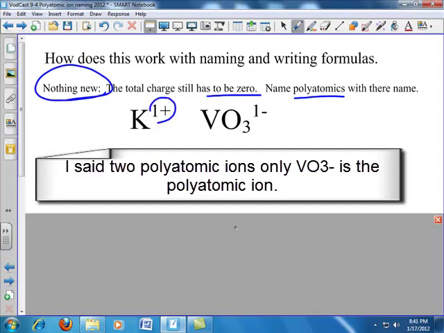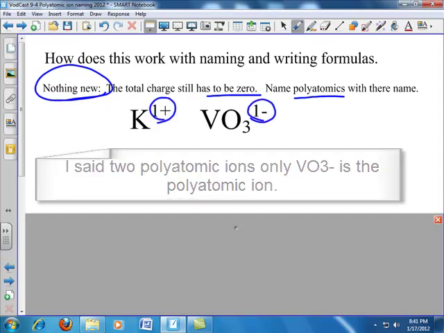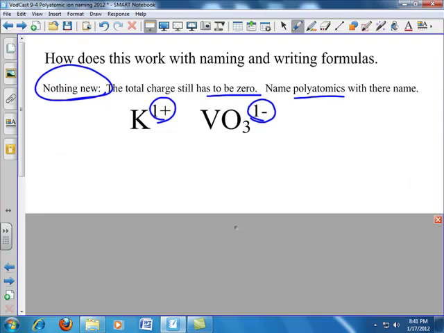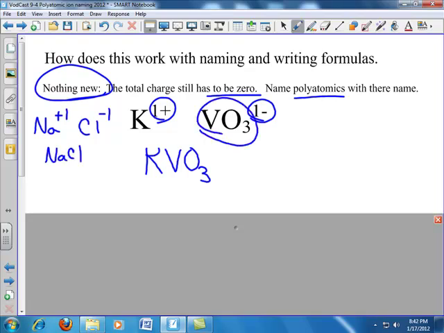Well, this is a +1, this is a -1, so I'm still trying to get to a charge of 0, so my formula is KVO3. None of that's changed. That's no different than saying I have +1 Na and -1 Cl, so that's NaCl. This polyatomic ion is a group, so we keep it together.